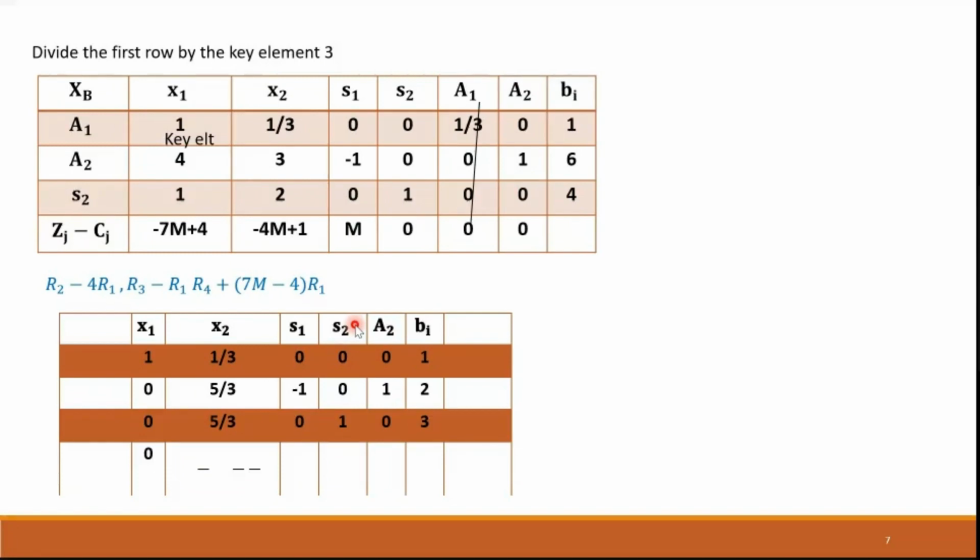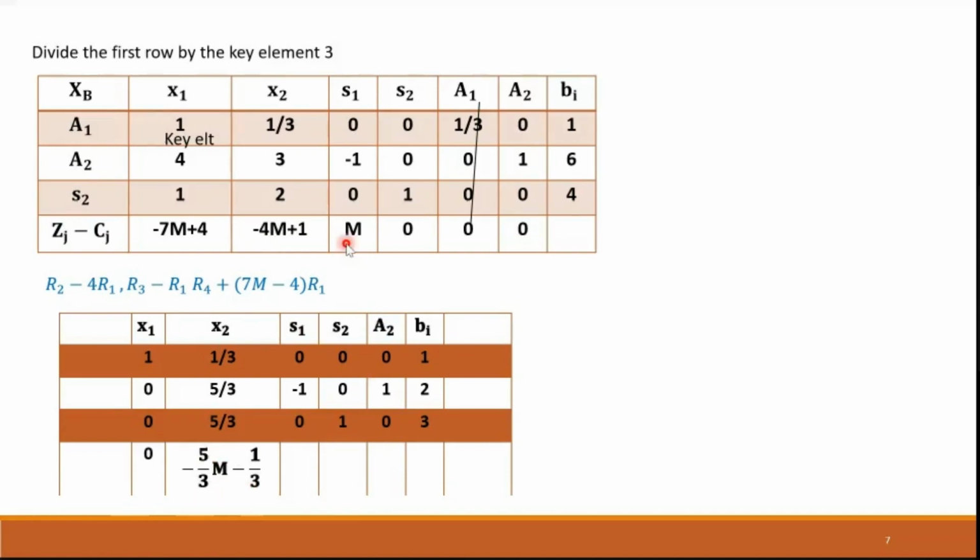Be careful in calculating because there are fractions here. I also got -5/3m minus 1/3. Check, in place of R4, -4m plus 1 plus this into 1/3. Open the bracket, collect the coefficients of m and the constant, you will get this as the answer.